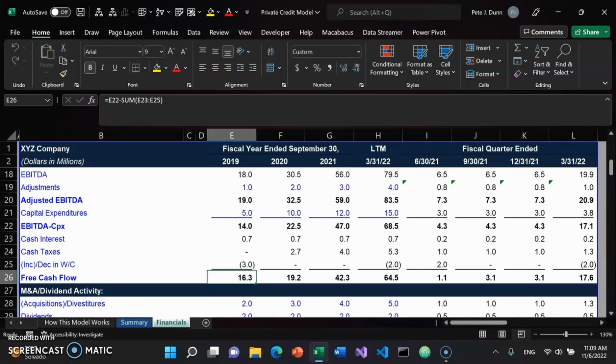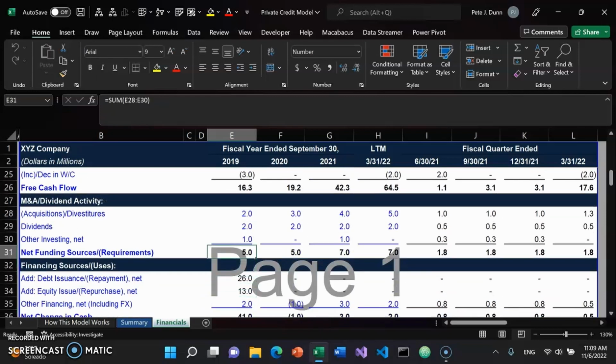So since working capital decreased, this actually helped us from a free cash flow perspective in the year 2019 within this model. Then moving on, not a whole lot of M&A activity, but I've just said 2, 3, 4, and 5.